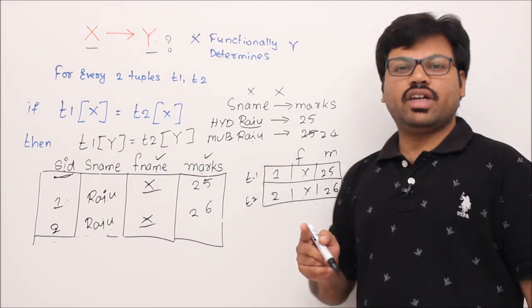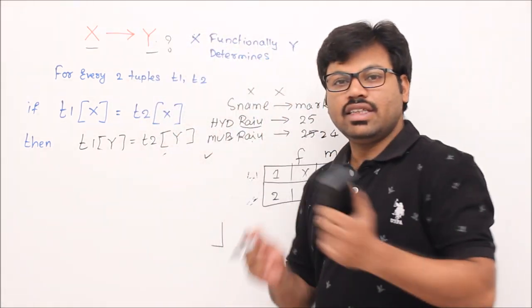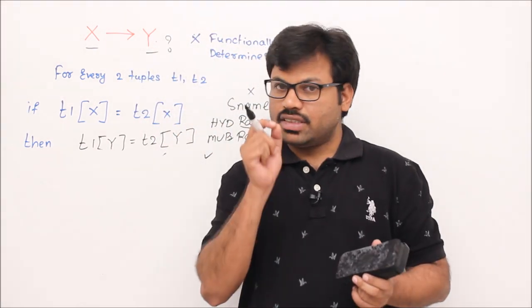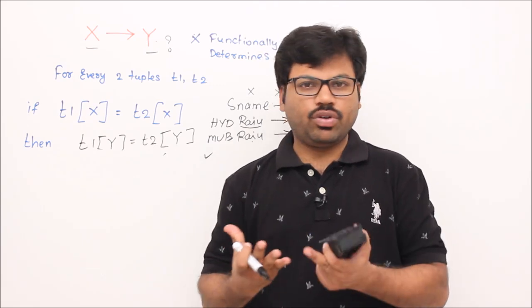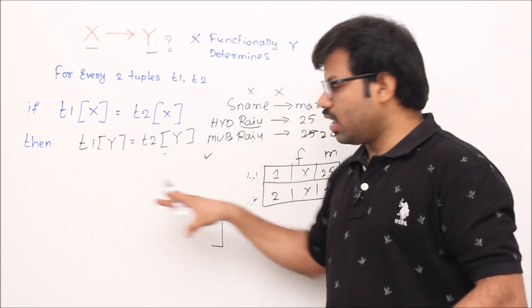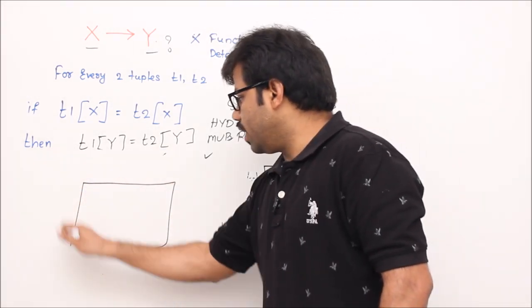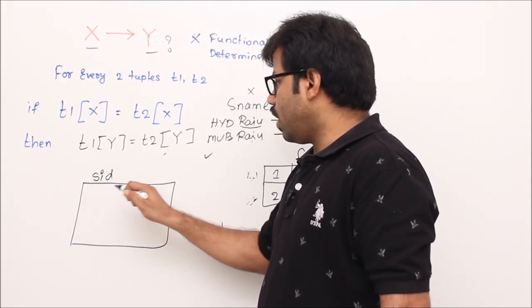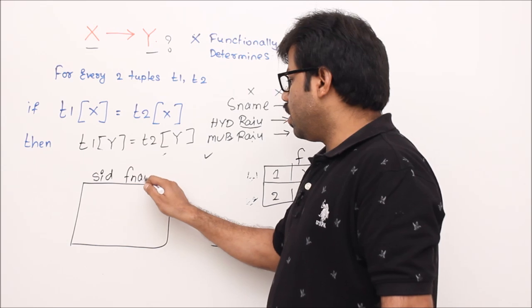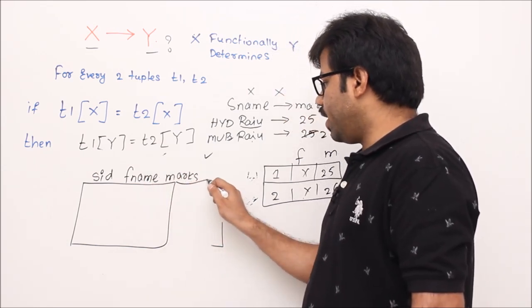One more important point I will tell you: some people see the data and decide everything. By seeing the data, you should not decide. It's a property of the attribute rather than the values of a particular instance. Example, what people argue is they do like this. They say, see sir, student ID, father name, let's say marks. They take this table, and I'm just showing only the important data.